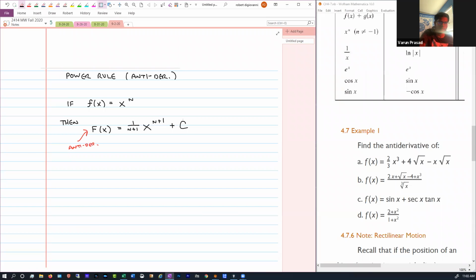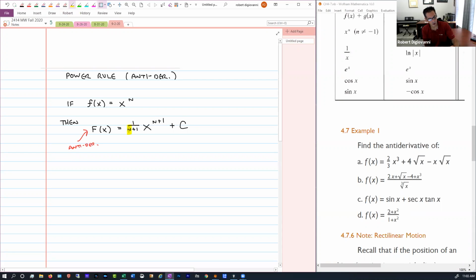Maybe -1. Yeah, -1. So look, if we try and plug -1 in right here for n, we're going to get -1 plus 1, which is 0, and we can't divide by 0. So this formula always works when n is not equal to -1.